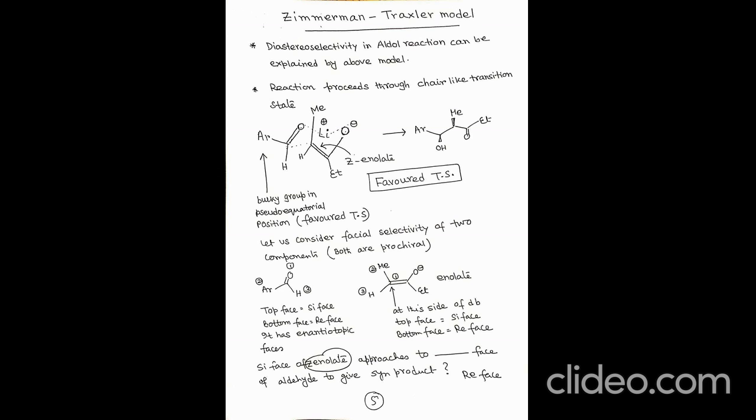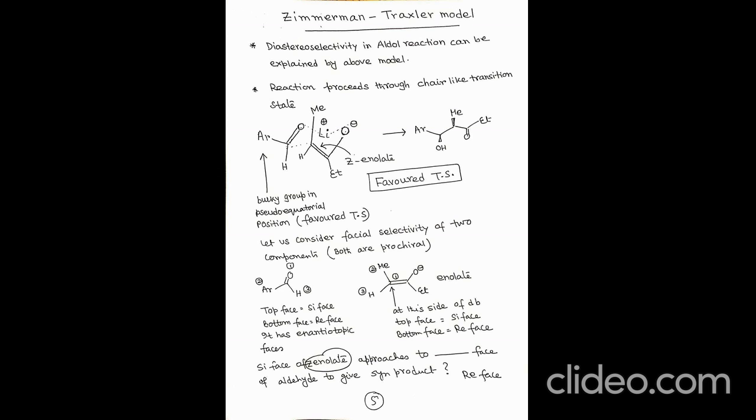This can be satisfactorily explained by using the Zimmerman-Traxler model, according to which this reaction between the enolate and the carbonyl compound proceeds through a chair-like six-membered transition state.